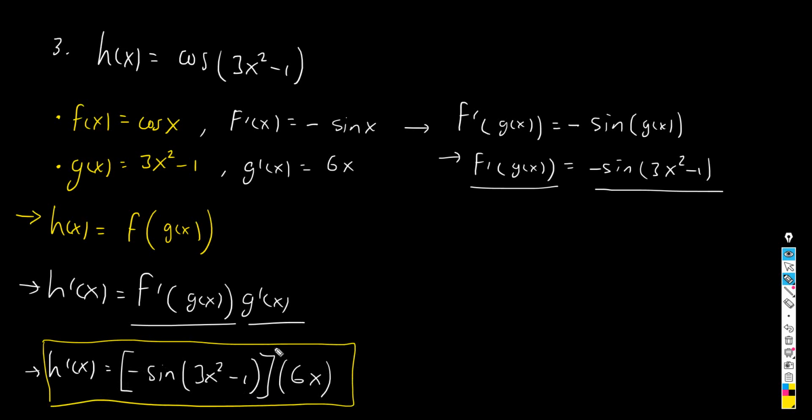So that's how the chain rule works, guys. You need to write the function that you're trying to differentiate as the composition of two functions. You have to create function f and function g, or any other name like I told you, and write h as f evaluated in g of x, also known as f of g of x.